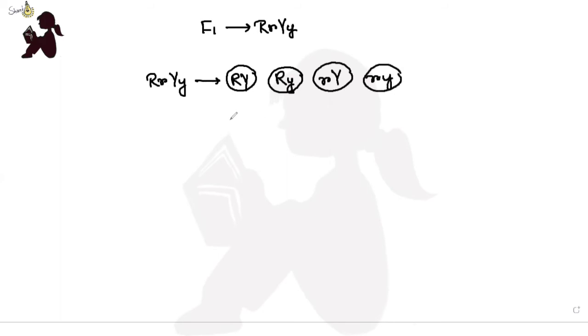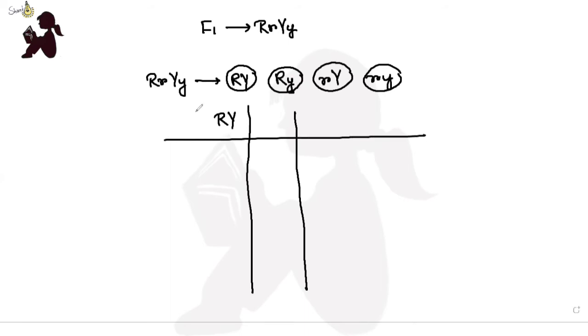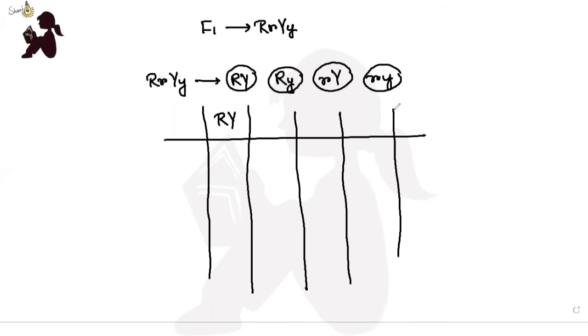Now if we do the Punnett square of these 4 gametes, it will look like this. Here we have capital R capital Y, then capital R small y, then small r capital Y, and here small r small y.